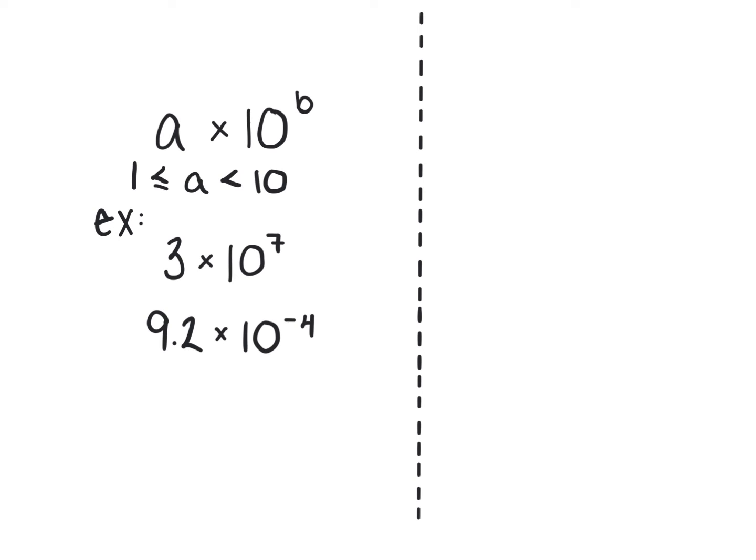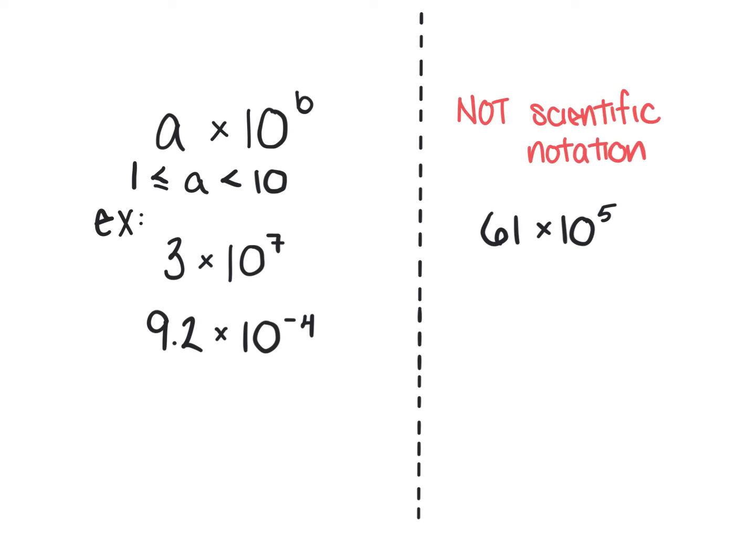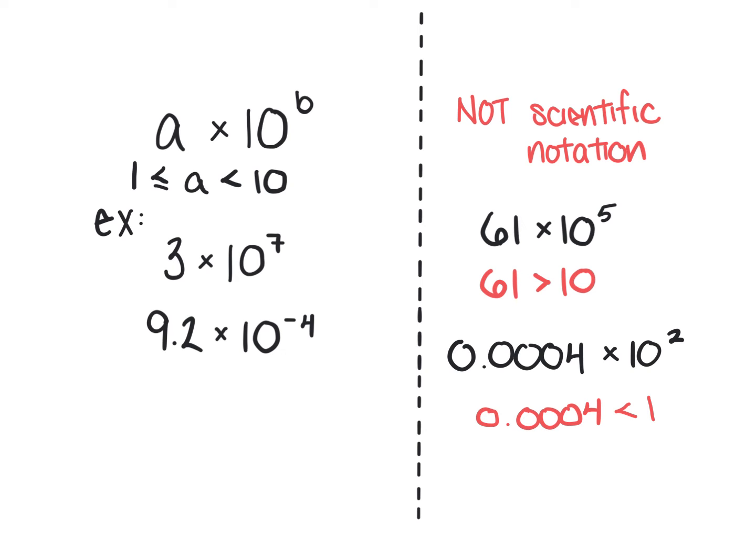Be careful with this definition. 61 times 10 to the power of 5 is not scientific notation, because 61 is greater than 10. On the other hand, 0.0004 times 10 to the power of 2 is also not scientific notation.